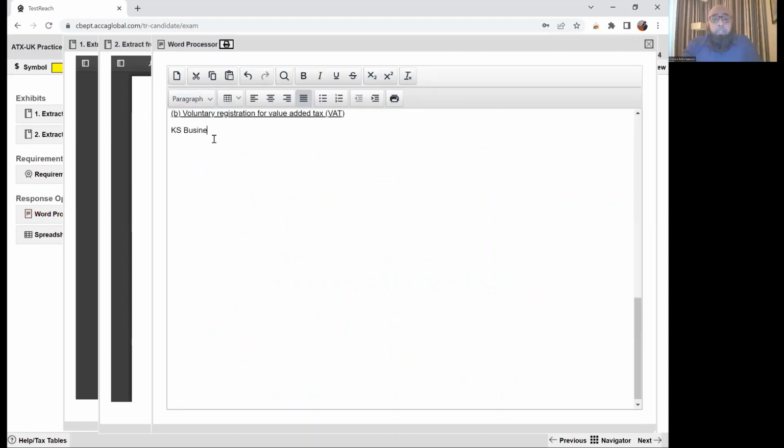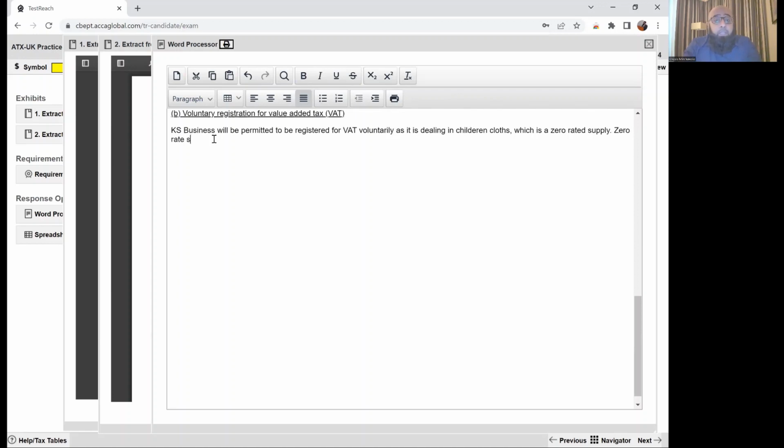KS business will be permitted to be registered for VAT voluntarily, as it is dealing in children clothes, which is a zero rated supply. Okay.